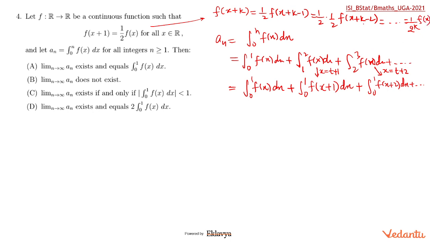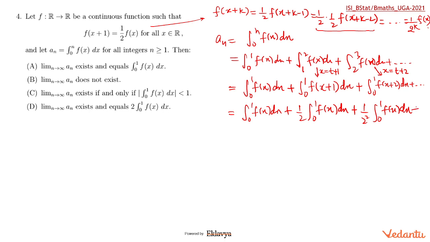When you subtract k, you get 2 raised to the power k; this is like 1 by 2 square, so you have subtracted k completely. In that way we can say that the integral 0 to 1 of f(x) dx, this would be 1 by 2 times the integral 0 to 1 as per the condition given directly. Here it would be 1 by 2 square times the integral 0 to 1 of f(x) dx, and so on.